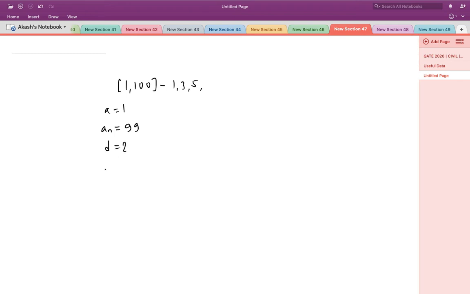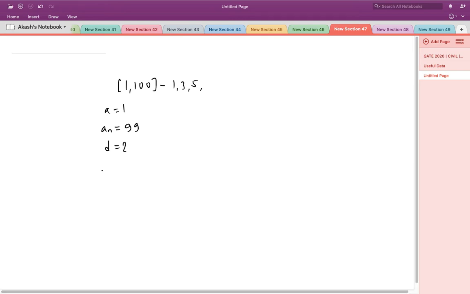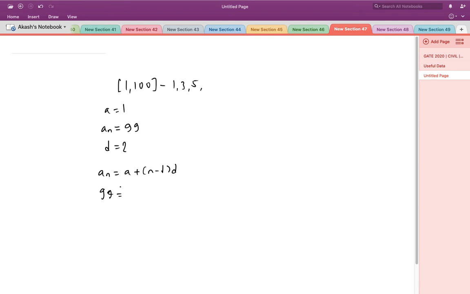Therefore, the number of terms can be found using the general formula, a of n equals a plus n minus 1 times d. Putting in all the values, we get 99 equals 1 plus n minus 1 times 2, which would give me n as 98 upon 2 plus 1, which is 50.